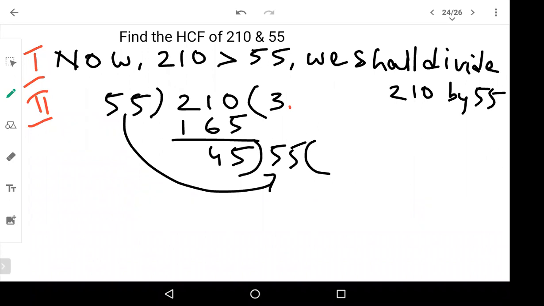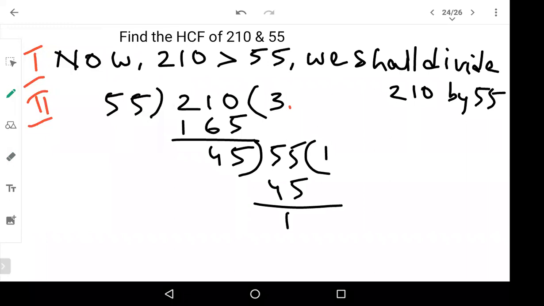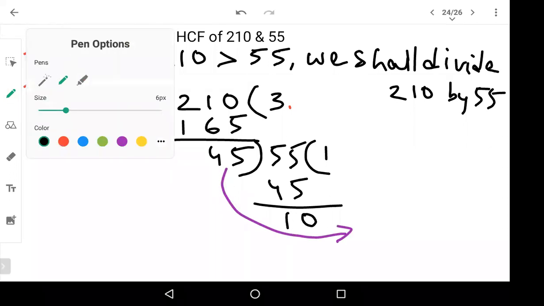Now here what we will do is, I am supposed to divide 55 by 45. So I can take 45 ones, you people are correct. 45 ones are 45. So what is the remainder? 10. I'll have 10 as the remainder. Now next step, I am supposed to consider this 45 with 10.